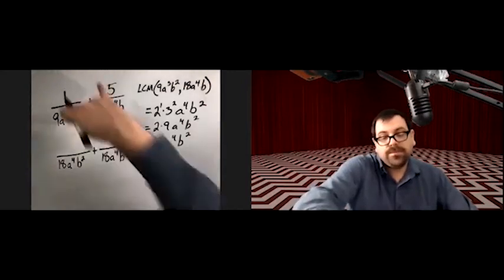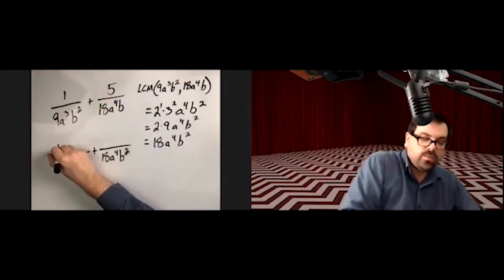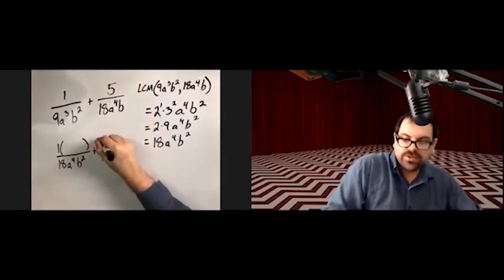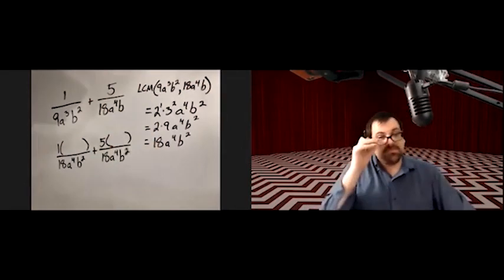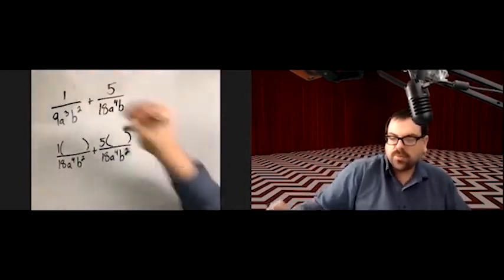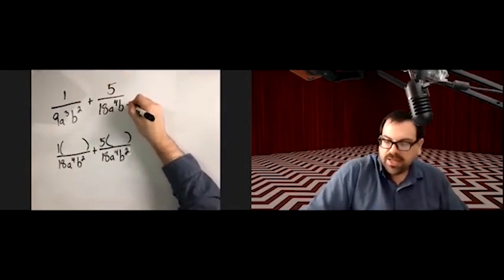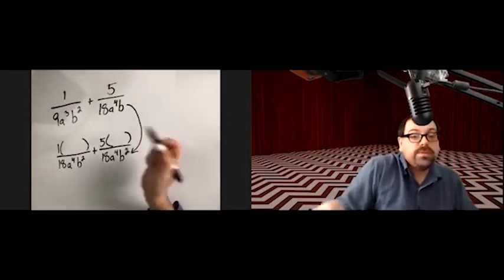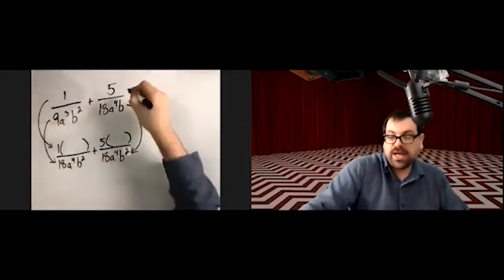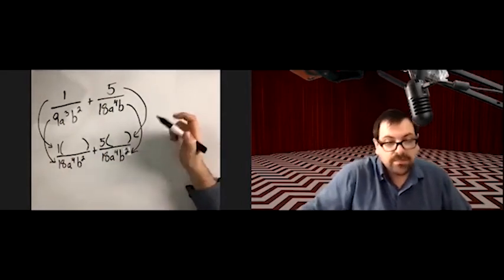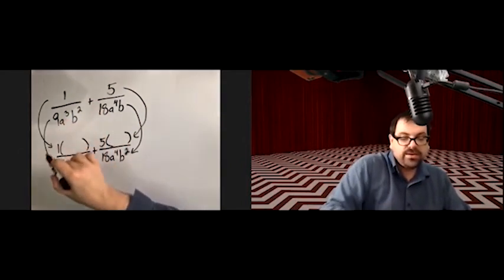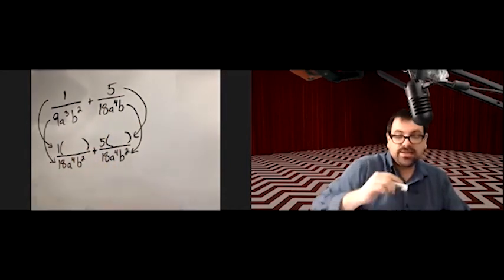Now on top here, we're going to write 1 times something, and we're going to write 5 times something, because when we do the equivalent fractions, remember, we ask ourselves, what do we multiply from here to go to here? And then we multiply the top by those things. That's what we're setting up. The top, 1, times whatever we have to multiply this by to get this.